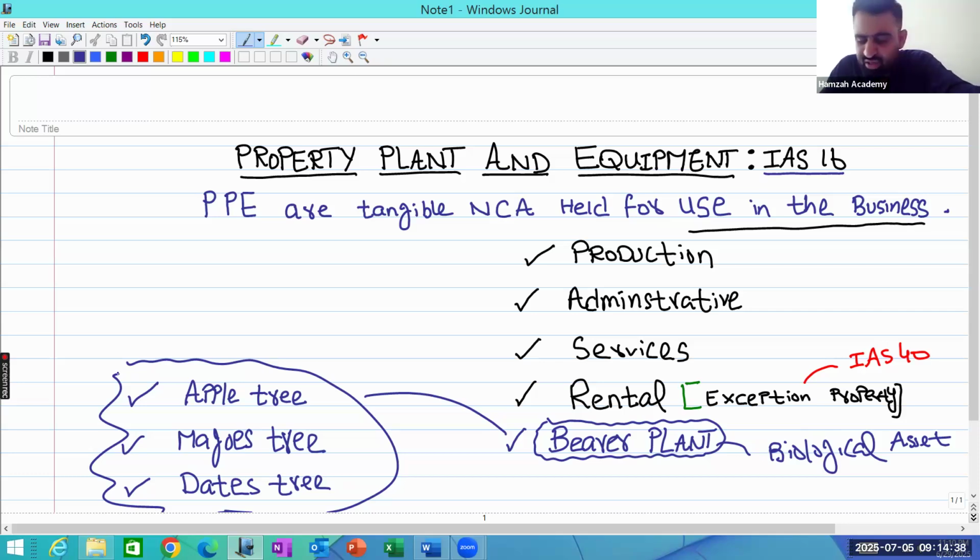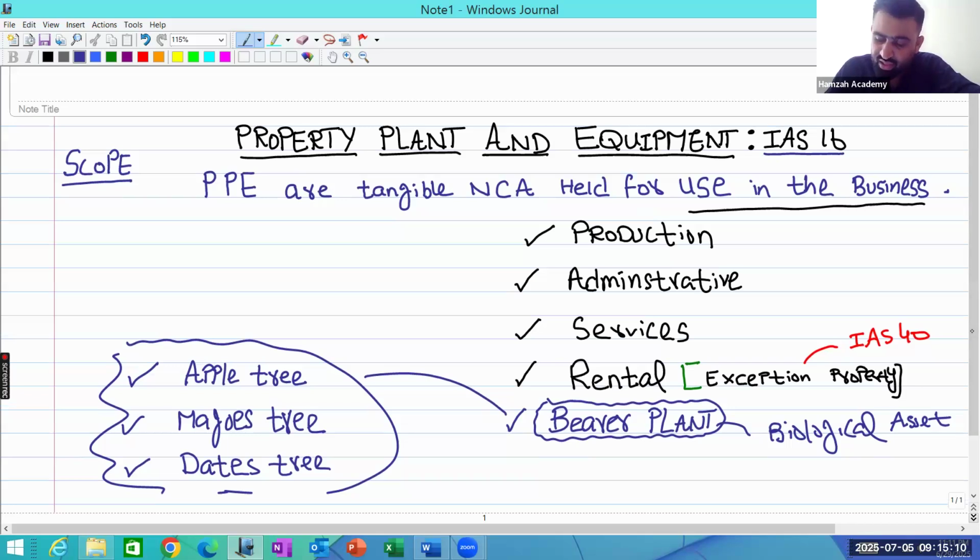So land, building, plant, machinery, vehicle, equipment, furniture and fixture, and the bearer plants. Apple trees, mango trees are examples of the property, plant and equipment which come under the scope of IAS 16. So this is basically the scope of IAS 16 property, plant and equipment. Any question?